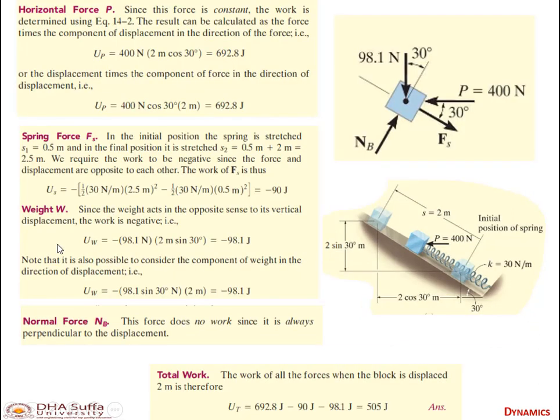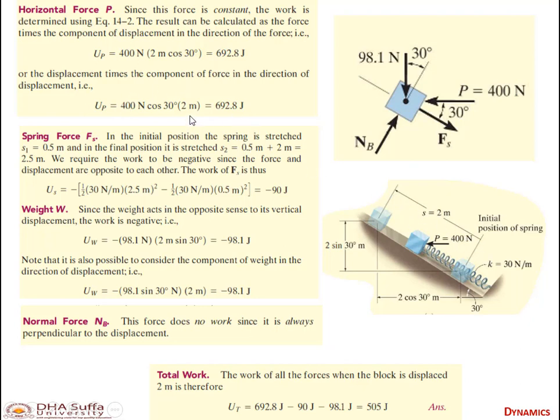So now move on to the numerical. First, let's discuss the horizontal force P. As you can see from the figure, the work done by P is basically 400 times 2, the displacement, times cos 30, because we need the x component of the displacement. Or vice versa, we can use the x component of the force and multiply it with the displacement.